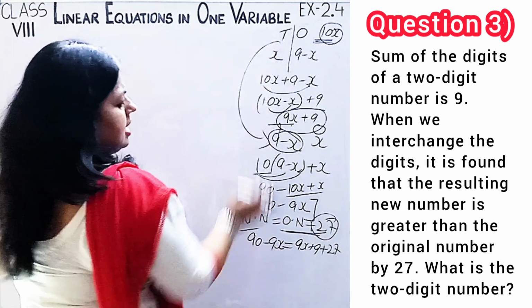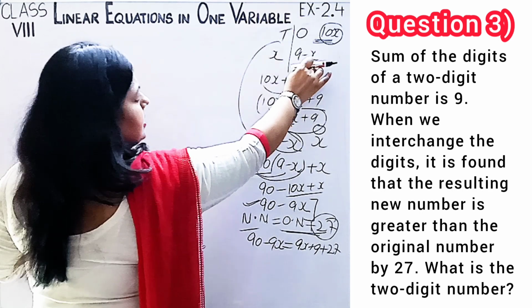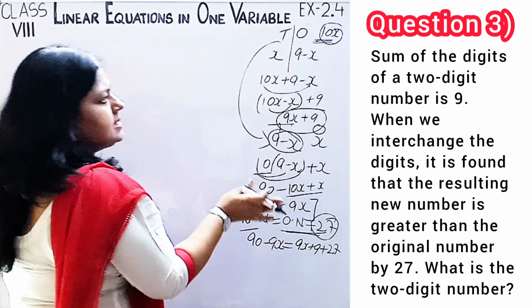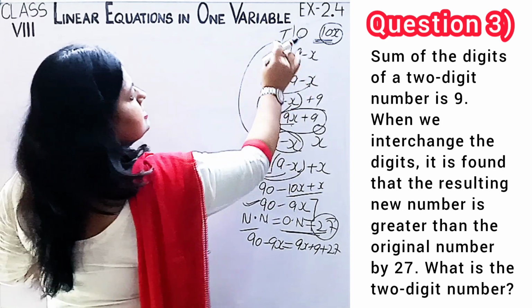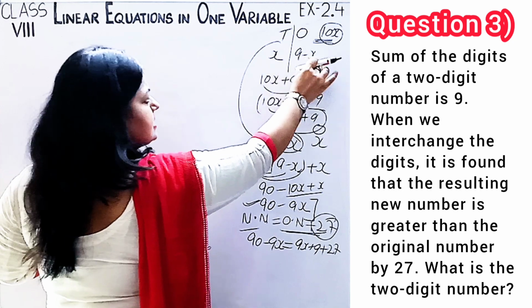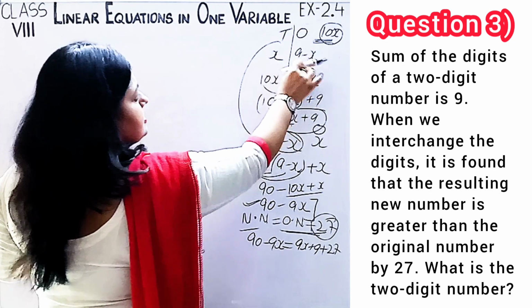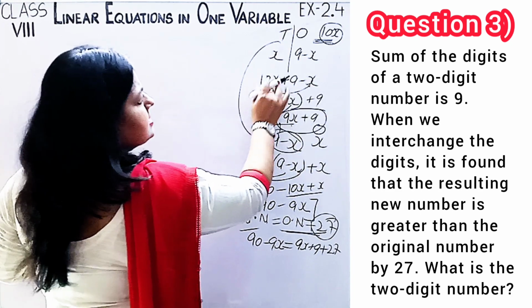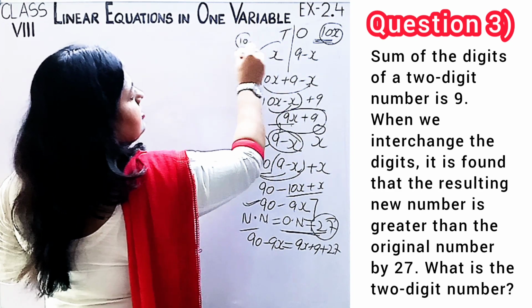Now coming again here, first we had to categorize into tens and ones because we have a 2-digit number here, and a 2-digit number is tens with ones. So the first one is x, the second one is 9 minus x. After this we get 10x plus 9 minus x. Why are we taking 10x? Because we have a 2-digit number.